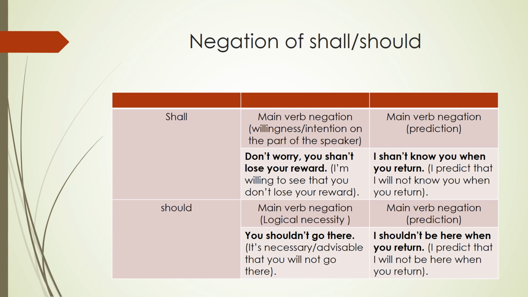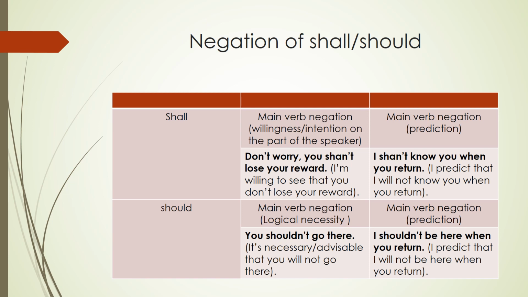Also, as a modal auxiliary, shall is used to express prediction, expectation, telling what will happen in the future. For example, I shan't know you when you return. Again, when we are using shall to give the meaning of a prediction, we are having main verb negation, which means that the meaning of a prediction here is going to be positive.